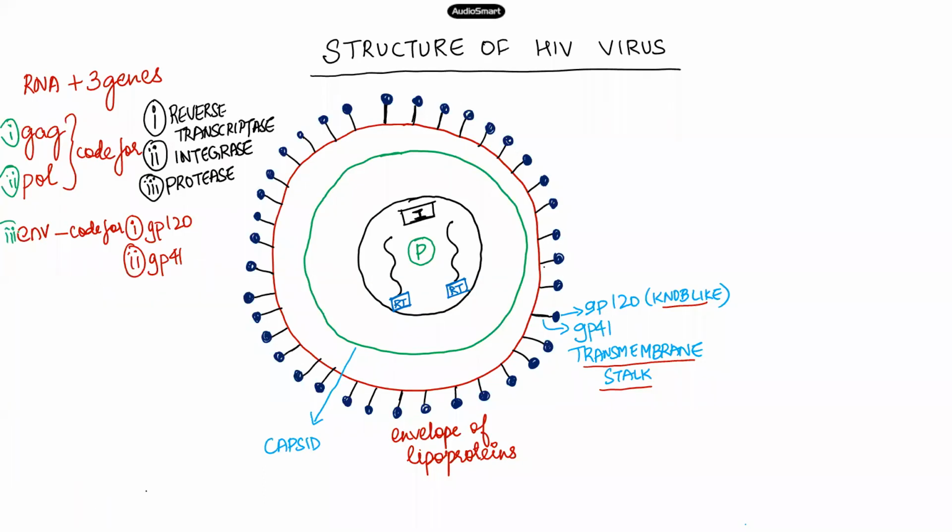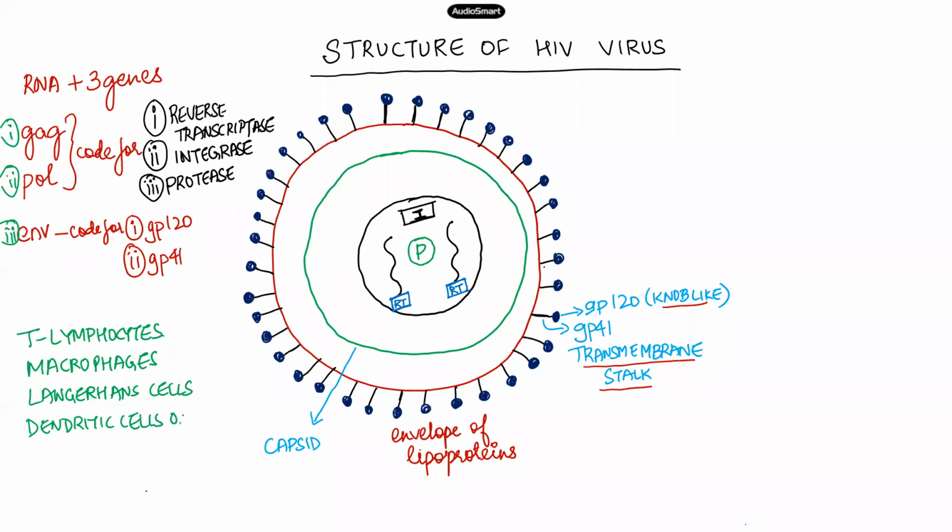The cells of the immune system that the virus can infect include T lymphocytes, they can infect macrophages, they can infect the Langerhans cells, and in advanced cases, they also infect the dendritic cells of the CNS. So remember these four cells which the HIV virus can infect.